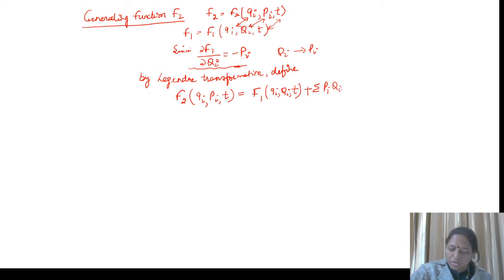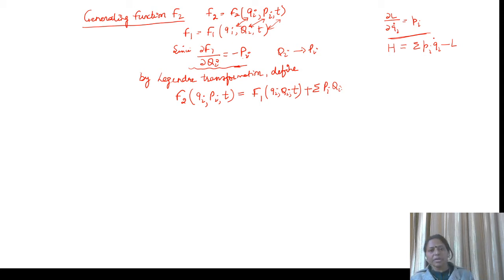If you remember the introduction of Hamiltonian with the help of Lagrangian, you know that Lagrangian says that delta L by delta qi dot is equal to pi, and because of this relation you can find capital H in terms of L as the combination of these two, pi qi dot minus L, or you may define it in reverse way, L minus sigma pi qi dot.